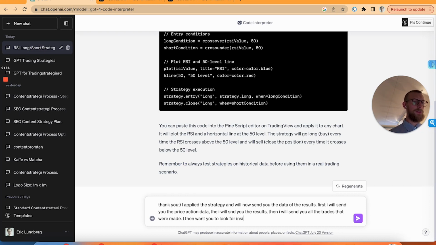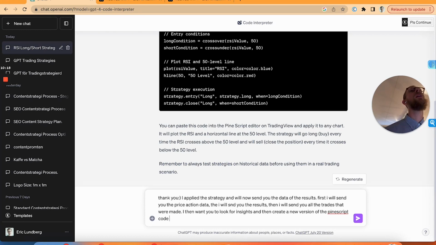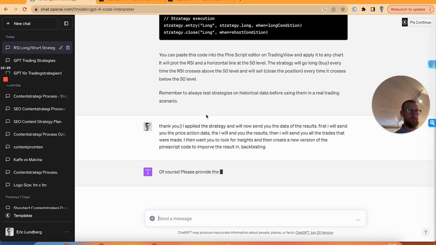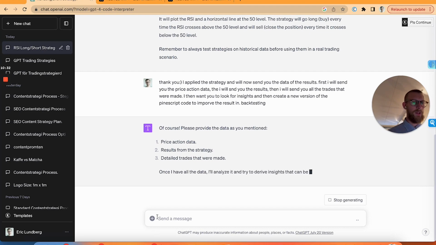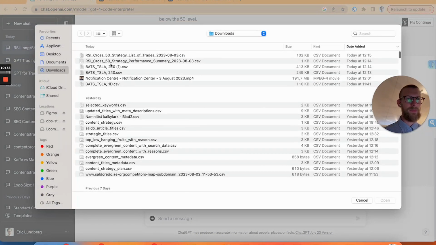Look for insights, and then write a new version of the Pine script code to improve the results in backtesting. Boom. All right, let's start with price action data then.